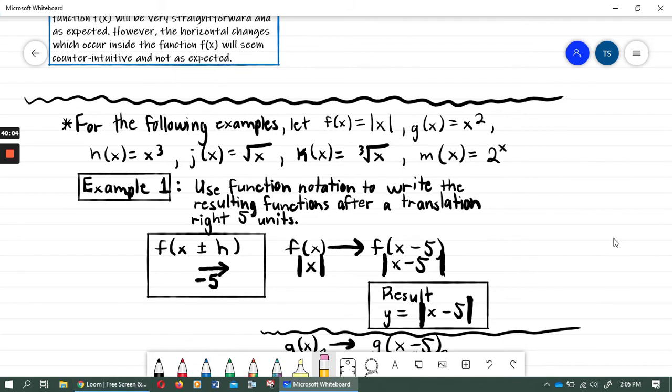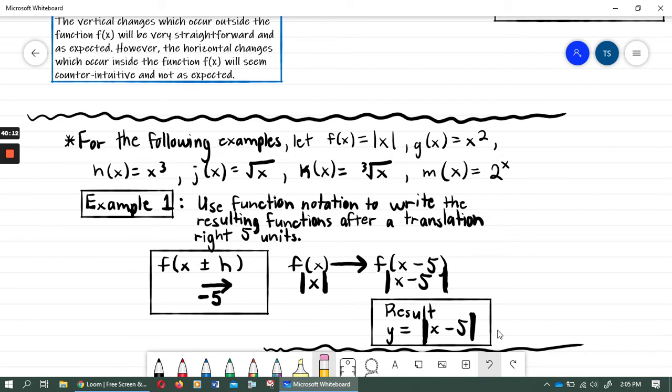But anyway, guys, give me just a sec. All right. So again, here we see that we've got the parent function f of x, and here I just wrote what the parent function was, the absolute value of x, right?